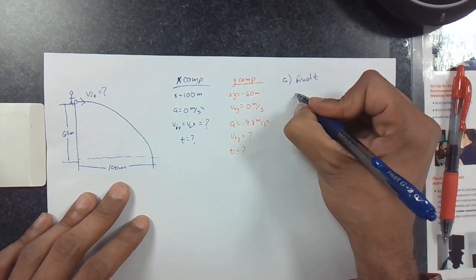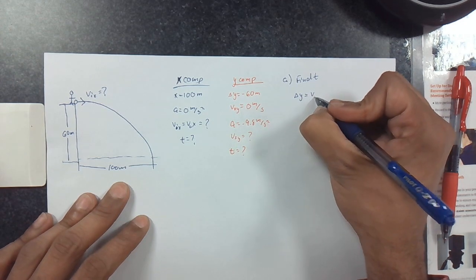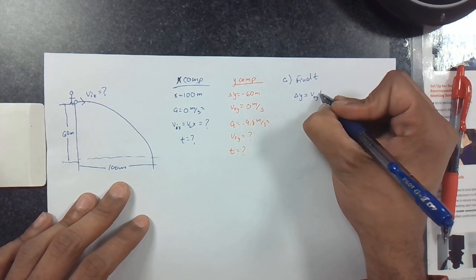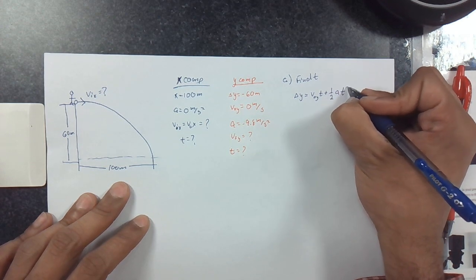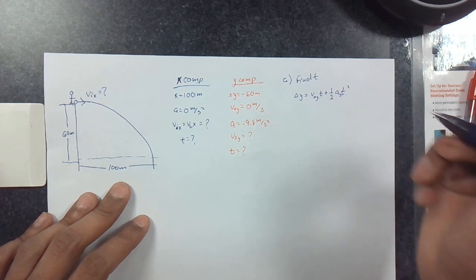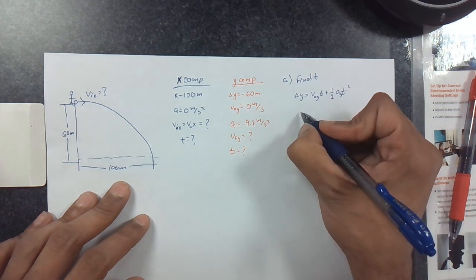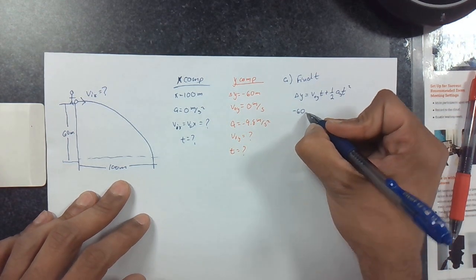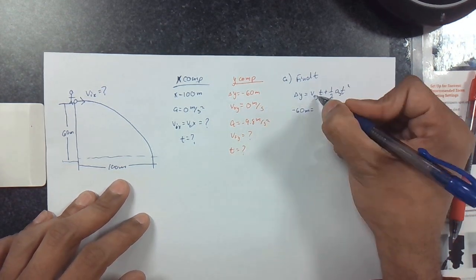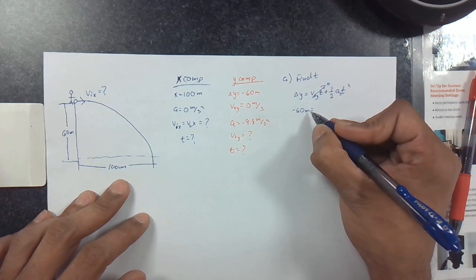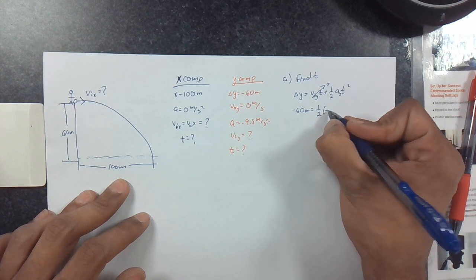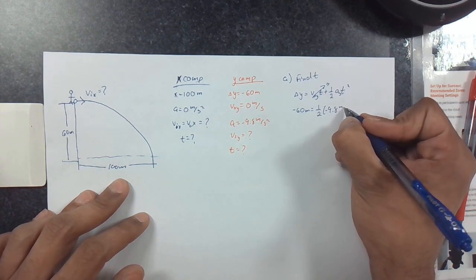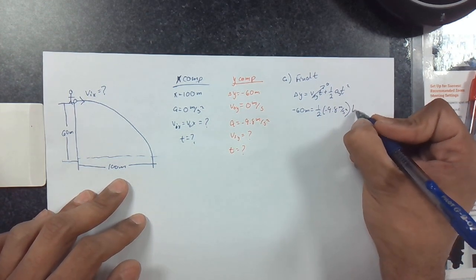Simple. We're going to use delta y equals v naught y t plus 1/2 a t squared. The acceleration's in the y direction. So remember, negative 60 meters equals, this was 0, so we can just cross that out, goes to 0, equals 1/2 times negative 9.8 meters per second squared times t squared.